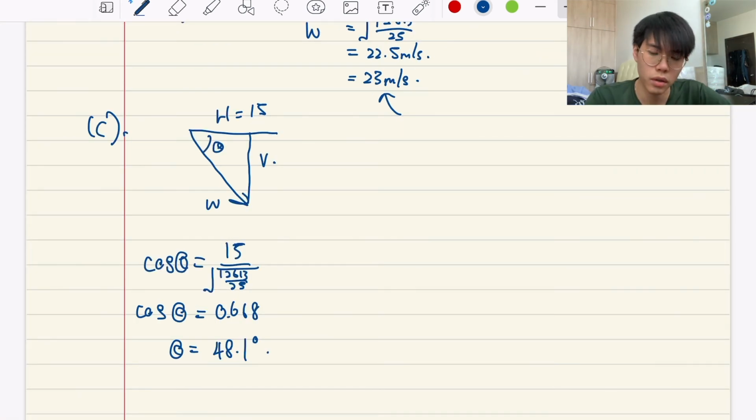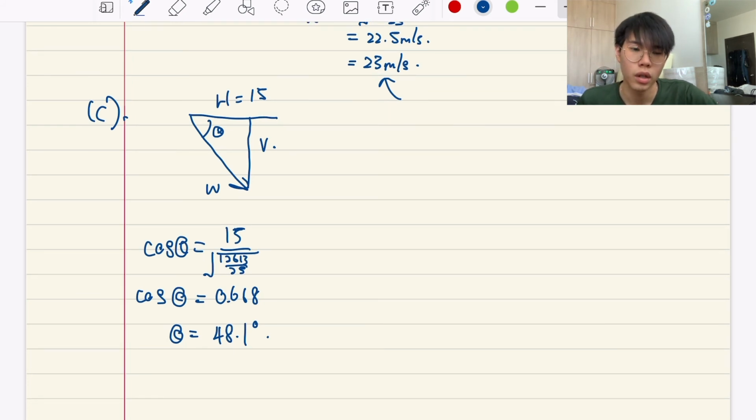In here, by using trigonometry, you actually simplify the calculation a lot, because a lot of people will try to find the vertical component, which is quite complicated. I won't say it's complicated, I would say it's long, and it's really easy to make mistakes there.